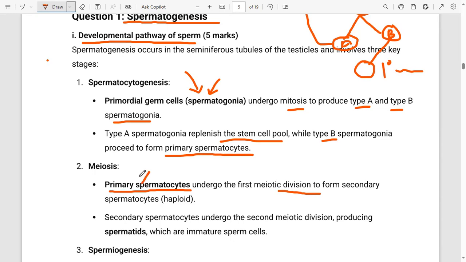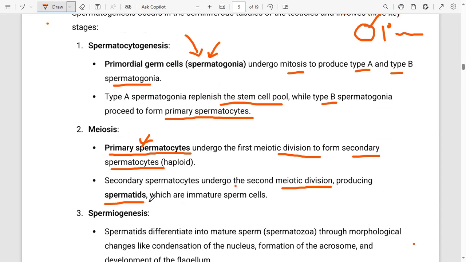Remember, it was a primary, and when it undergoes this first meiotic division, it forms the secondary spermatocytes. These secondary spermatocytes then undergo the second meiotic division to produce the spermatids.